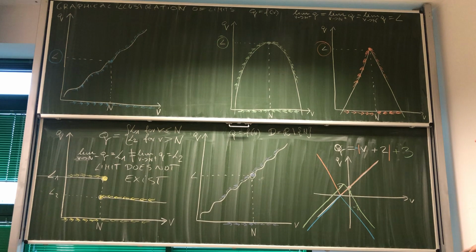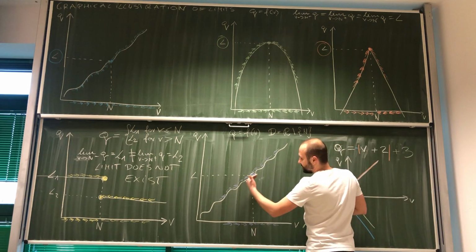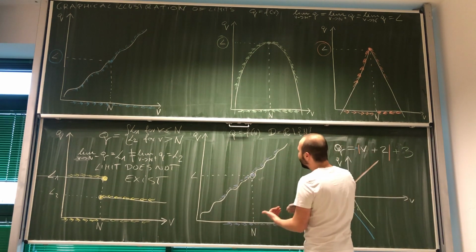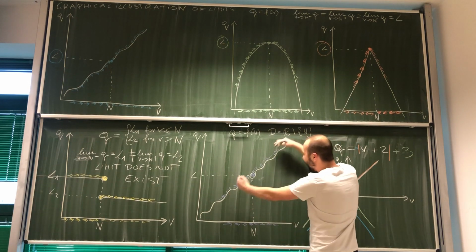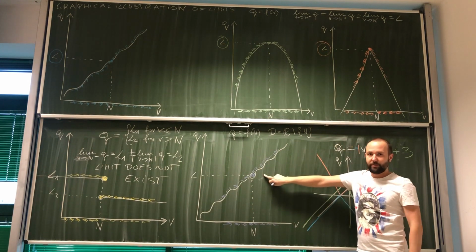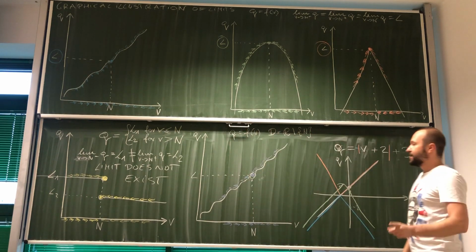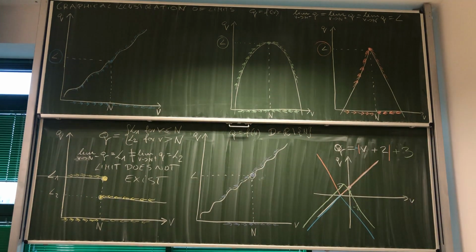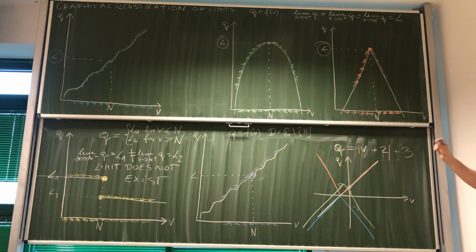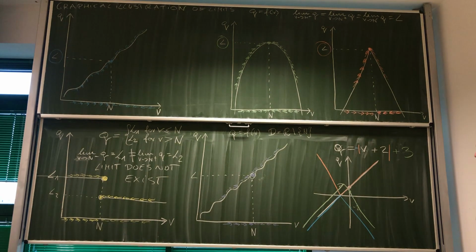And look, because regardless of which side we've evaluated the limit from, we've ended up at the same point. But you might say, yeah, but this point is not part of the function. Look, we never said the limit needs to be part of the function. It doesn't need to be.